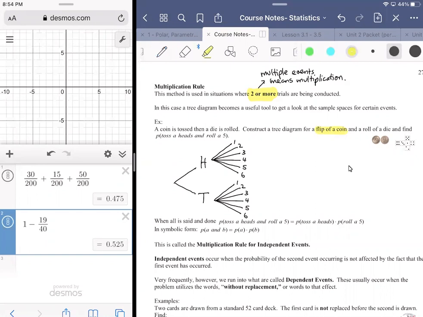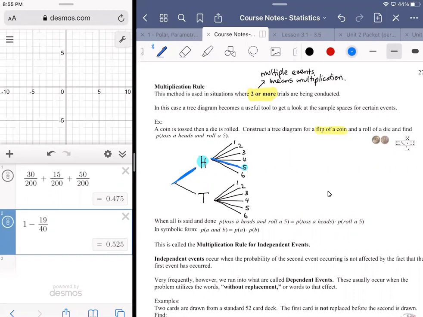Well, here's where I toss a heads and roll a 5. So it's assuming that we're following the branch where you rolled or flipped a heads in order to get to the pathway that leads you to a 5.